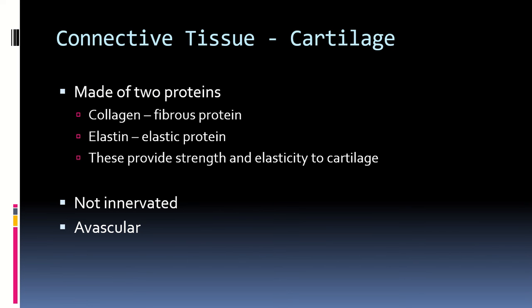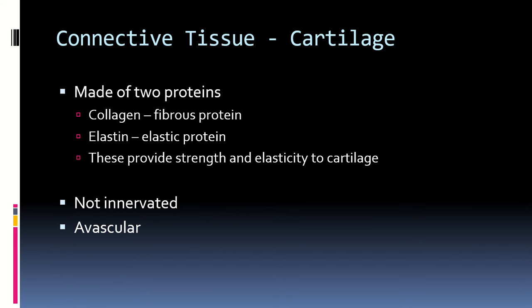These are what essentially help build things like your trachea. These are not innervated. Now that basically means that there's no real vein system. They're avascular. There's no real veins traveling in or out, or arteries traveling in or out.